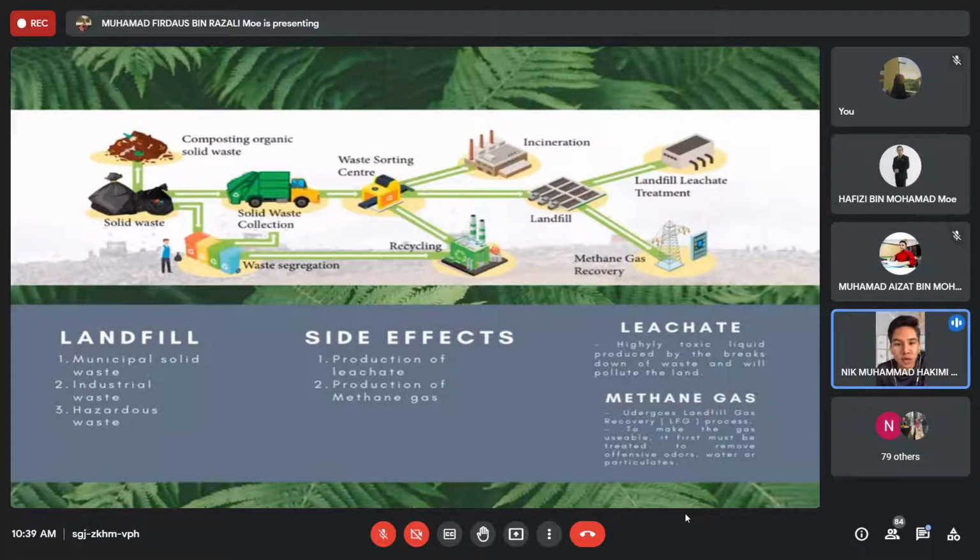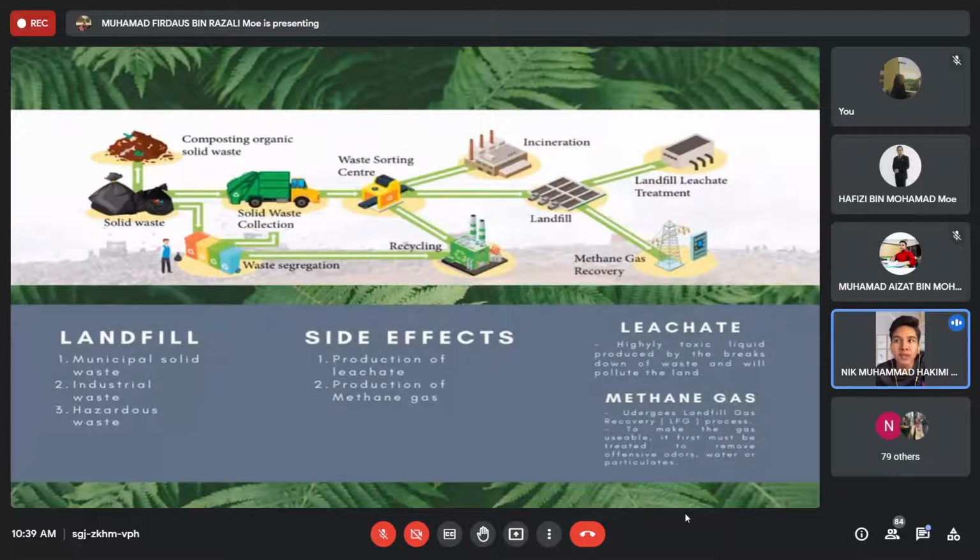So for you guys, if you don't know what is incineration center, it is a site of destruction of waste material by burning. Maksudnya sisa pekerjaan dihantar dekat sini akan dibakar dan akan jadi hasil abu je lah, sebab tujuan untuk kurangkan lambakan sampah tu dekat landfill nanti.